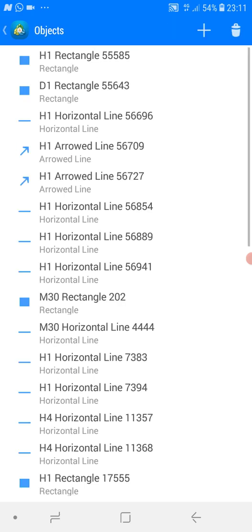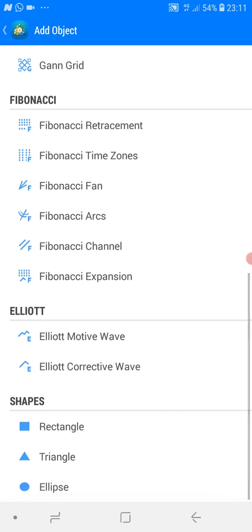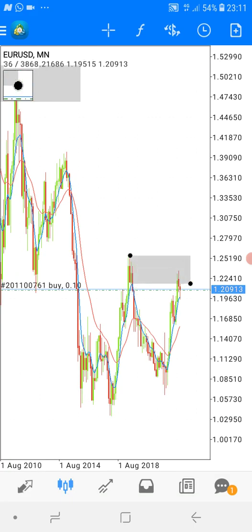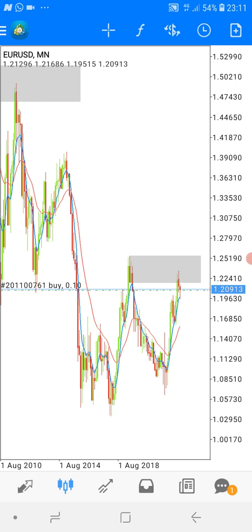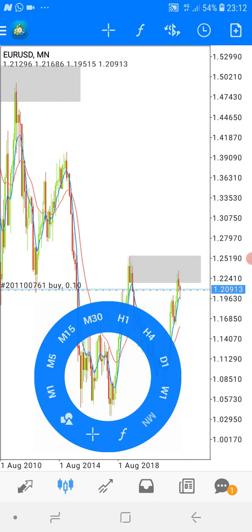So as you can see here, we tested a supply zone. This is a recent trade. As much as I am in a buy, price did test a supply zone here, and the buy is just a counter trade, counter trend trade.